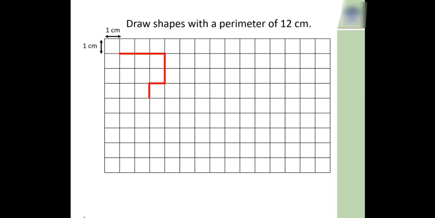I've got to be at 12 when I join my lines back at my starting point. So far I'm on 7. Let's head back to the start. 8, 9, 10, 11, 12. My six-sided shape, my hexagon, has a perimeter of 12 centimetres.